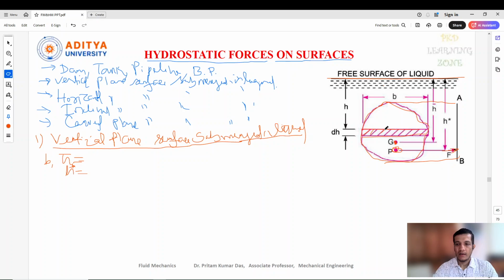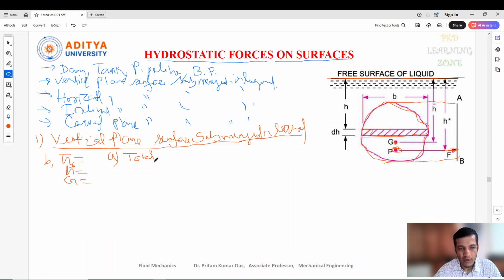These are the points we need to remember, and G is the center of gravity of the plane surface. These are the notations, so let's calculate the first one, the total pressure.